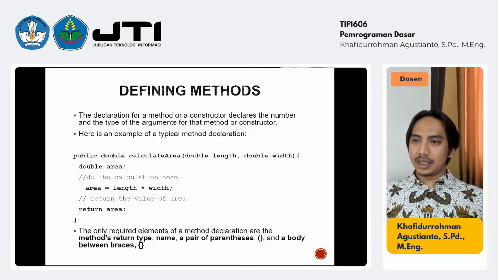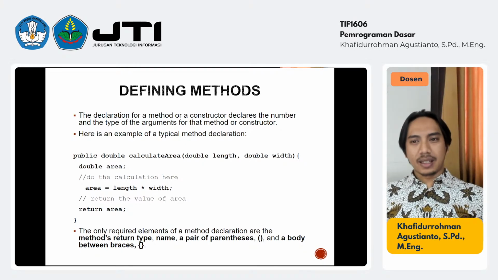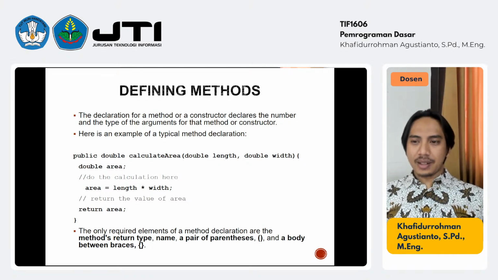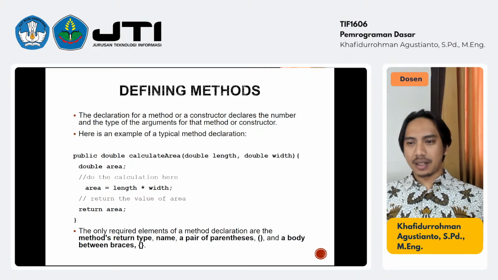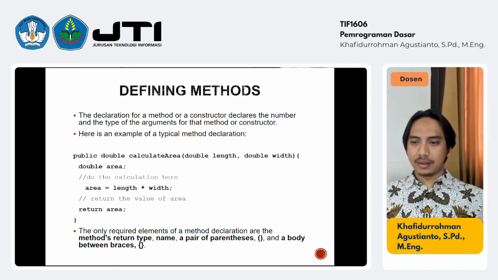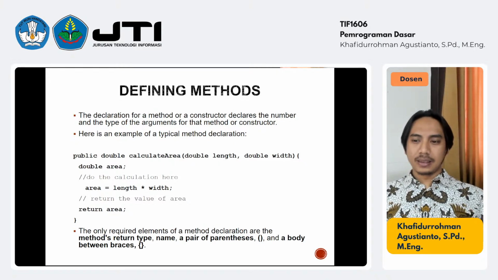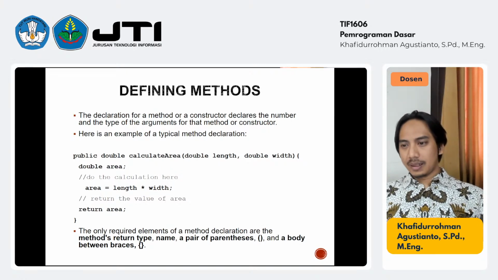Okay. Well, methods. The declaration for a method or a constructor declares the number and the types of the arguments for that method or constructor. Here is an example of a typical method declaration: public double calculate, then the parameters, double length, double width, then the body, double area equals length times width, and return area.